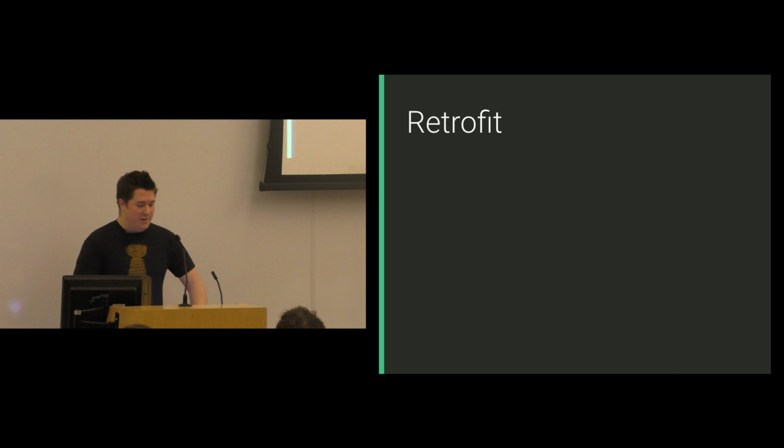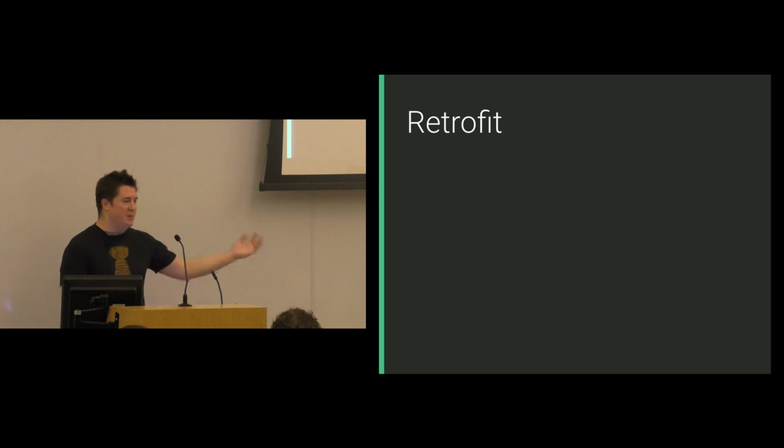All right, so the whole idea behind Retrofit is that it is an abstraction on some remote API. So most, if not all, Android apps or server apps have to do some communication, whether it be with another service or a remote API or whatever.